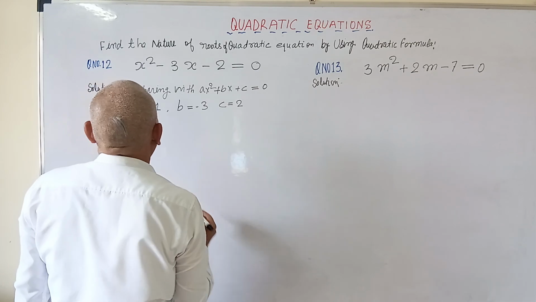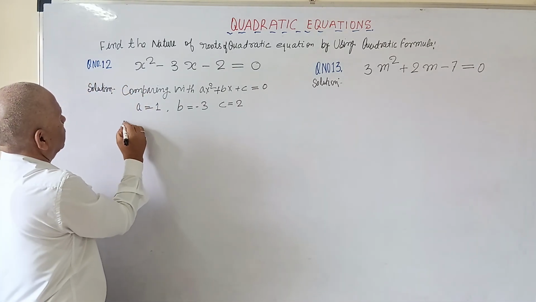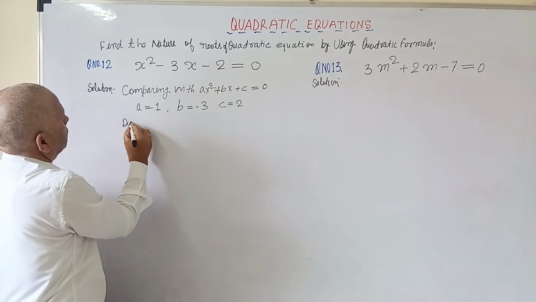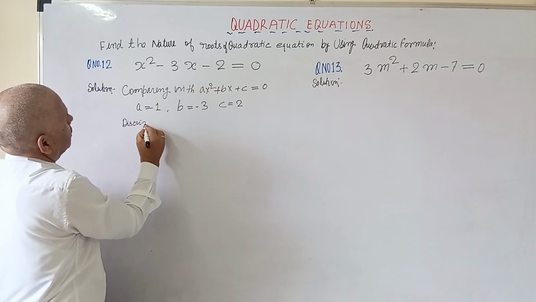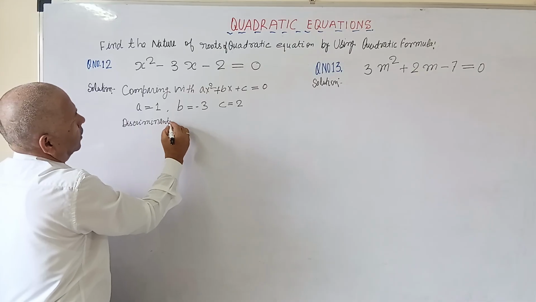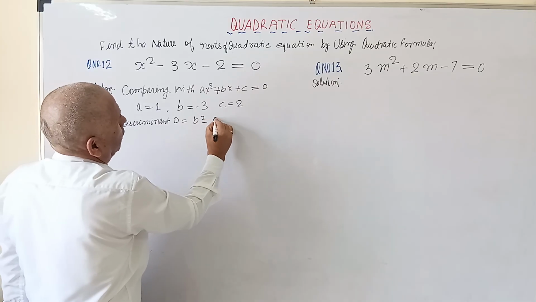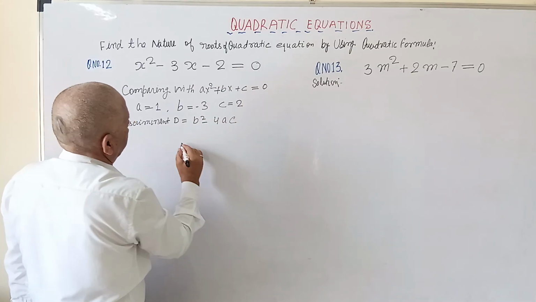Now we will find the discriminant. Discriminant, that is D equals b square minus 4ac.